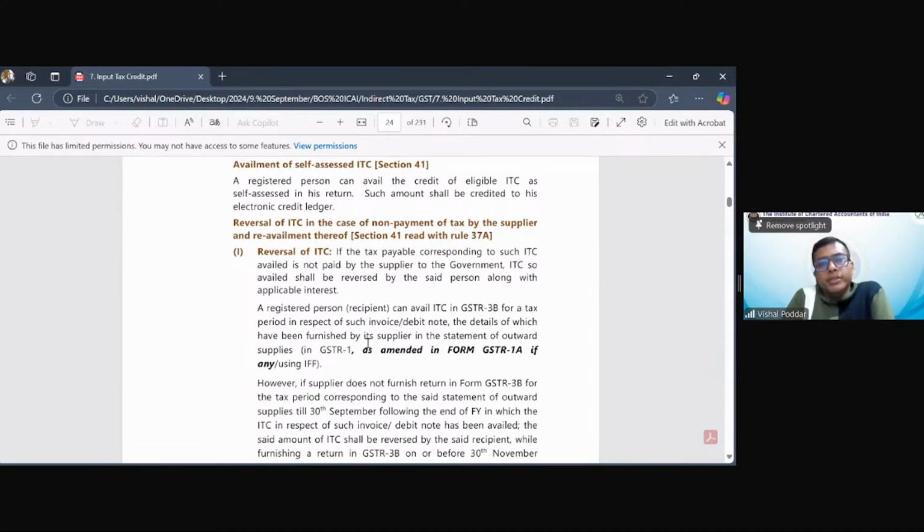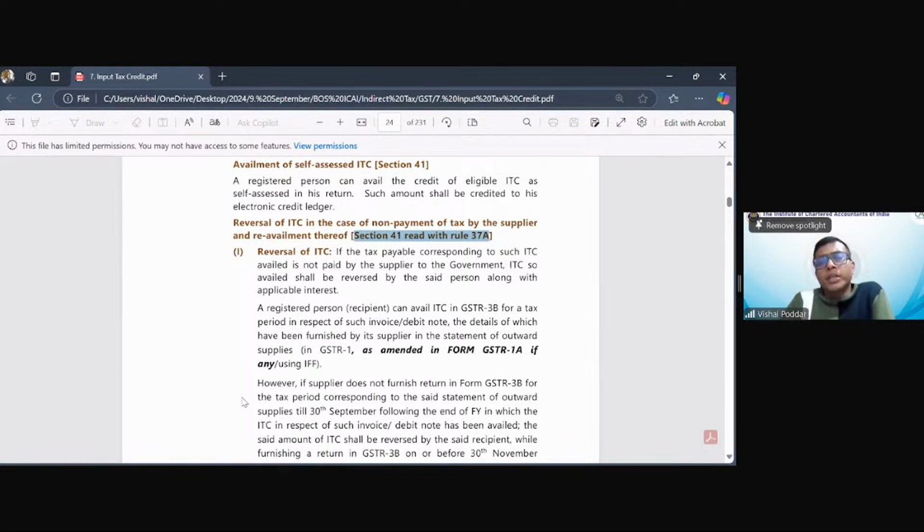In this case, the credit which I have taken becomes questionable, because it will now be not eligible because of 16(2)(c). But I am not required to reverse it immediately. This is the new change because of the new section 41 subsection 2 read with rule 37A.